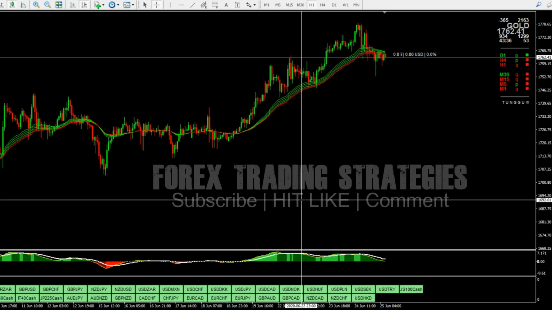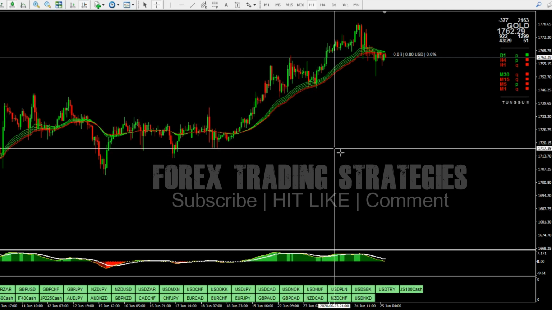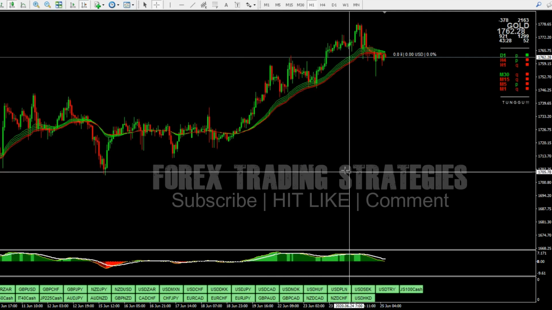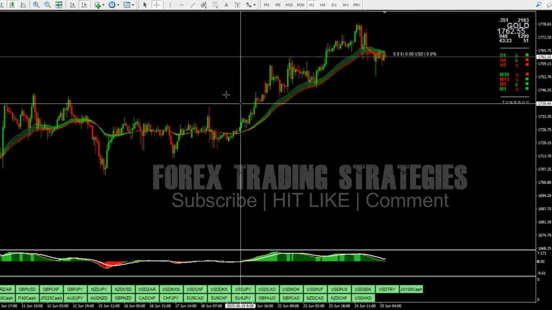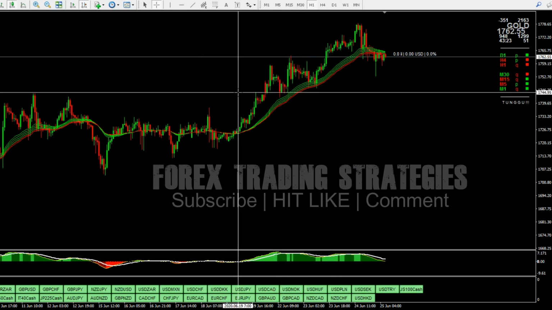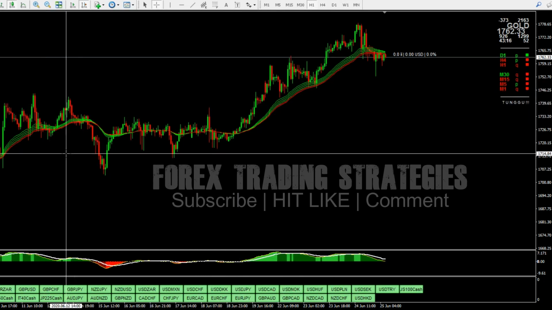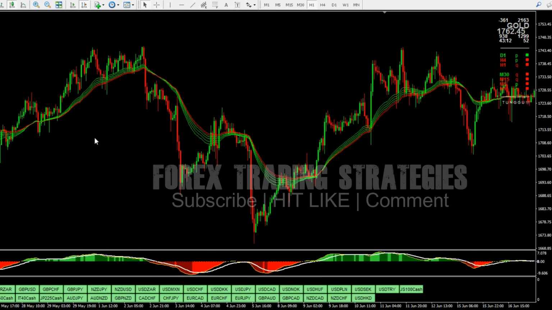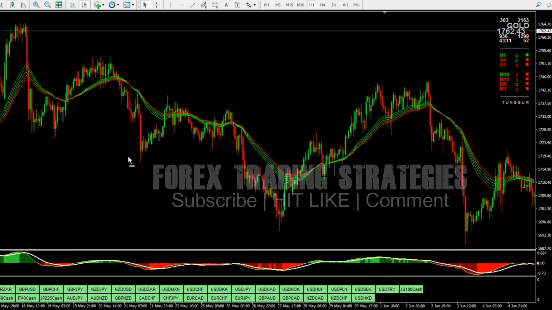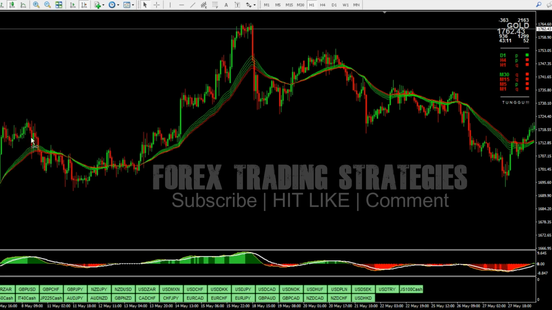After setting up everything, here it's gold on the 1 hour chart. After setting up everything, you wait for price to come smashing into the rainbow indicator. That's what you do.